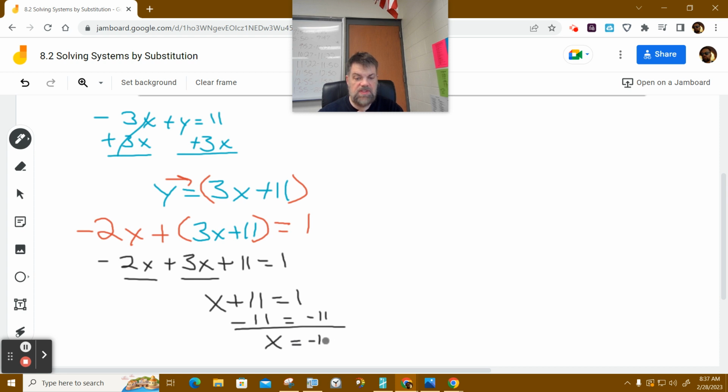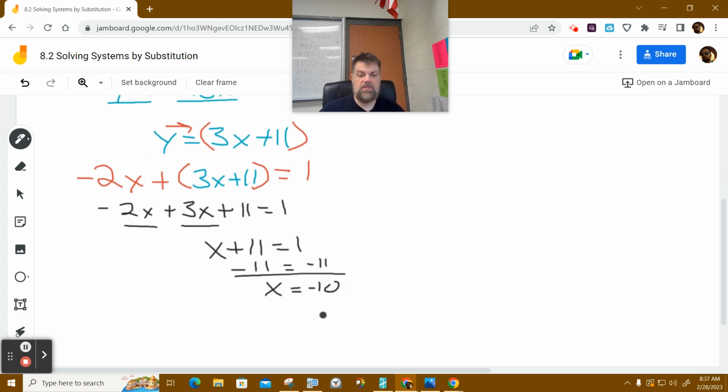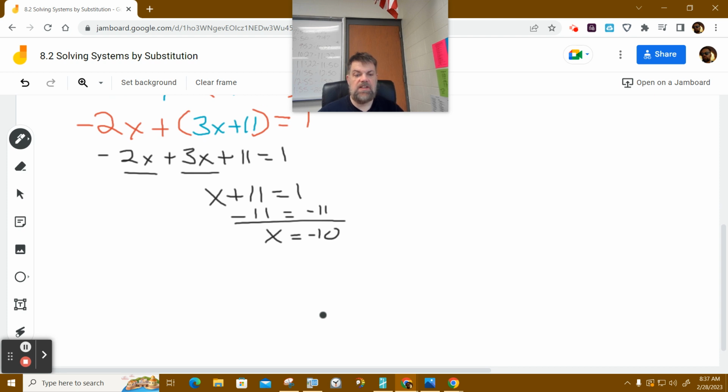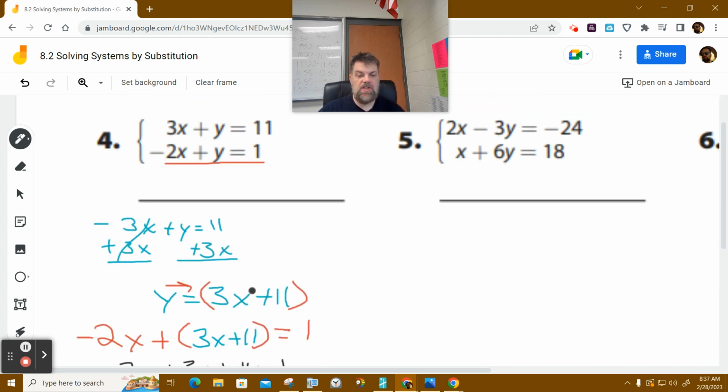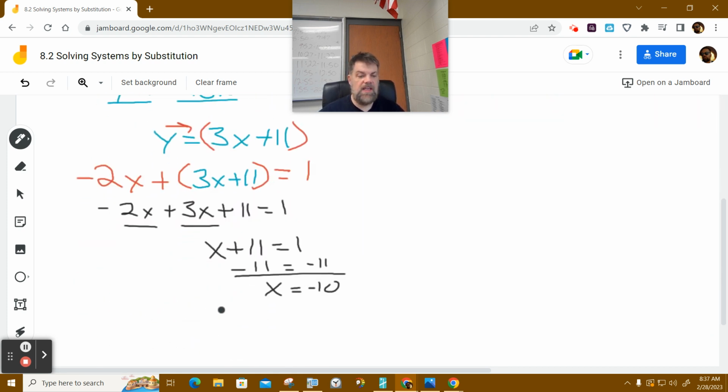Now, I'm almost done. I still need to know what y is, but I have this equation right here. y equals positive 3x plus 11, but I'm going to plug in negative 10 for x. Now, I went kind of fast. What I'm doing is saying y equals 3x plus 11, but plugging in x equals negative 10 for x.